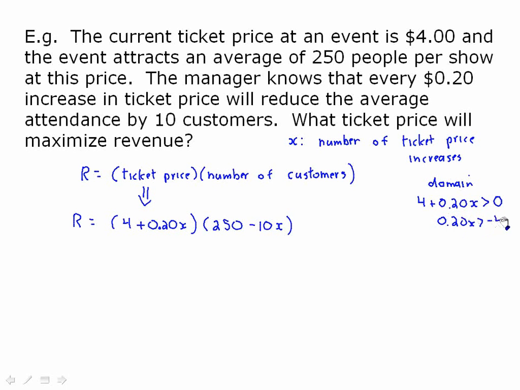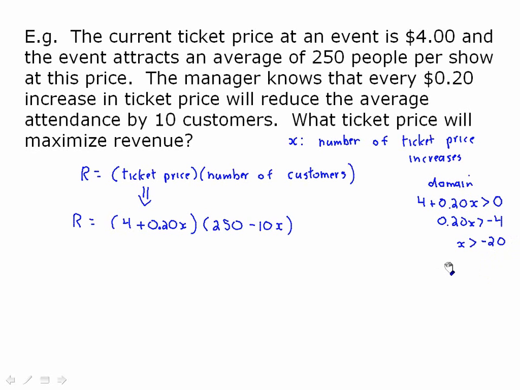So take that 4 over, and then divide. Carefully divide that one out. And x is going to be greater than 4 divided by 0.2. It's negative 20. So we cannot reduce it more than 20 times. That makes sense. 20 times 0.2 is $4.